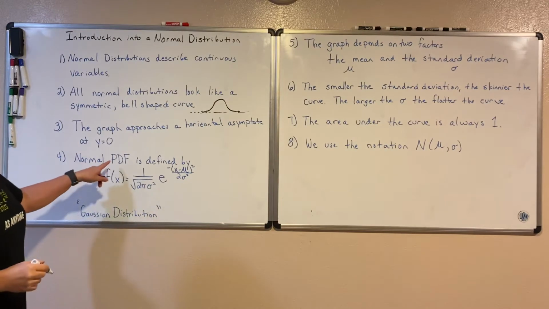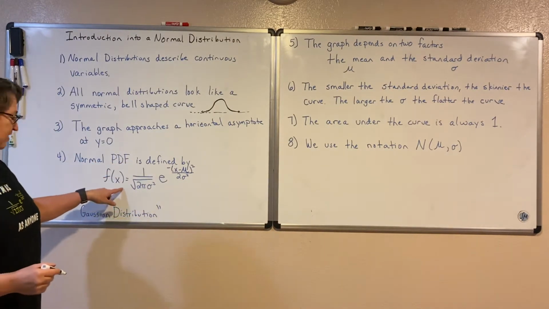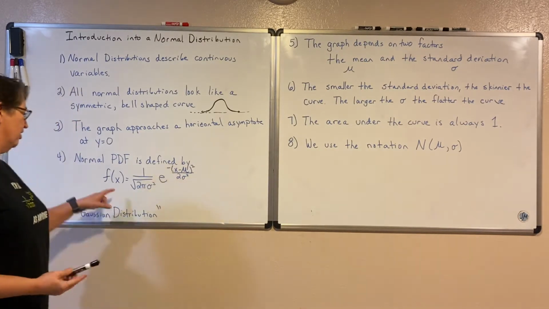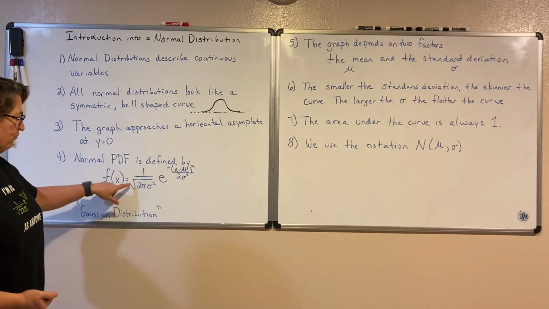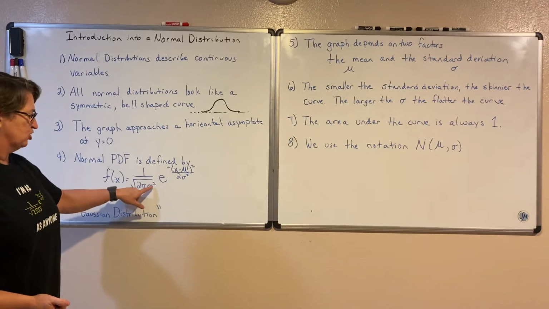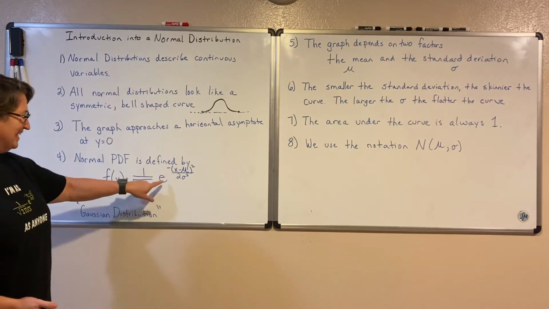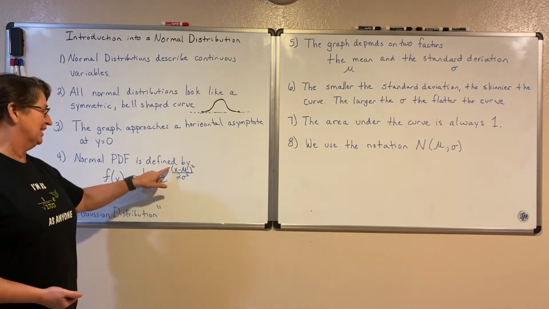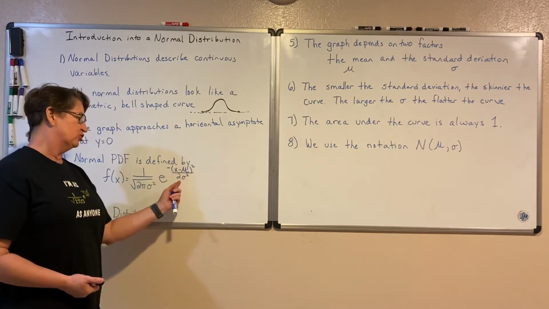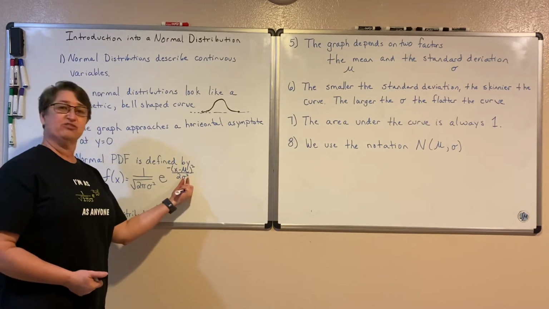It's a normal probability density function, and it's defined by this equation here. Our function is 1 over the square root of 2 pi times the standard deviation squared, that whole thing under the square root, times e raised to the negative x minus mu squared over 2 standard deviation squared, or you could say the variance.